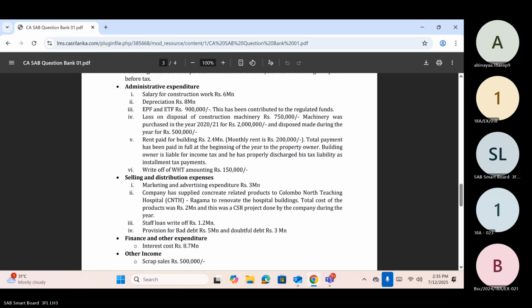Is it deductible or not? Can you deduct or not?